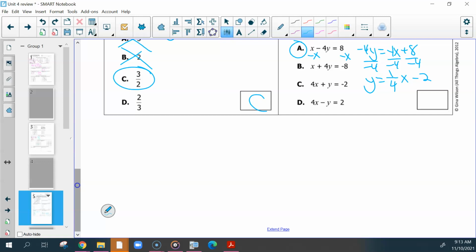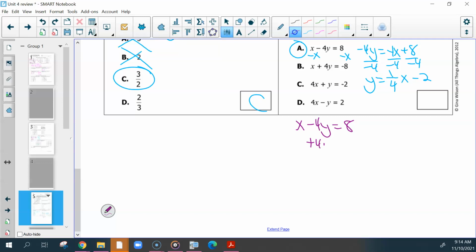The other way you could do this is if instead of moving the x term, you move the y term. I know we have not done this, but it's a different way to kind of look at it.